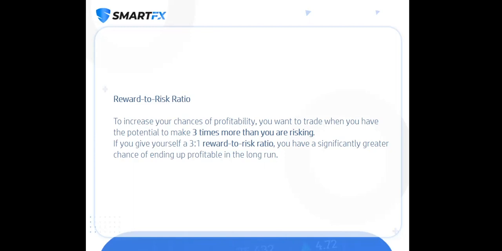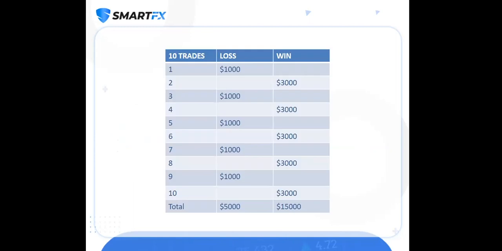Say you have entered significantly, and at this point in time you are so sure with your technical analysis, your fundamental analysis, or your learning that this trade is going to give you profit. At that point, you will use a reward to risk ratio where your reward would be 3% and your risk would be 1% only. So it is going to give you 3% profit and the loss would only be 1%.